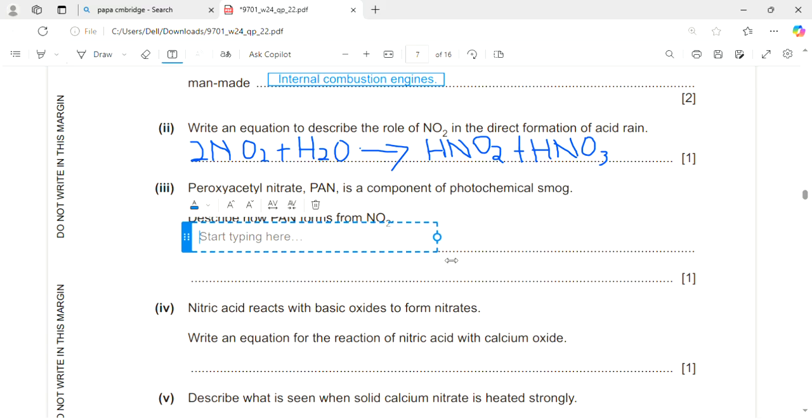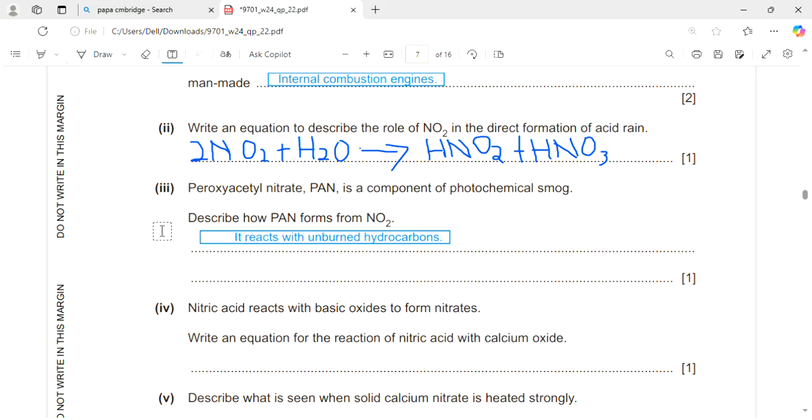How PAN forms, and I think it reacts with unburned hydrocarbons.